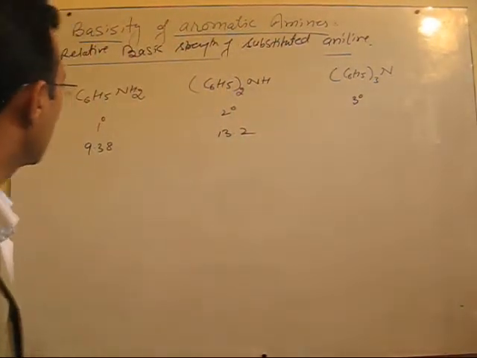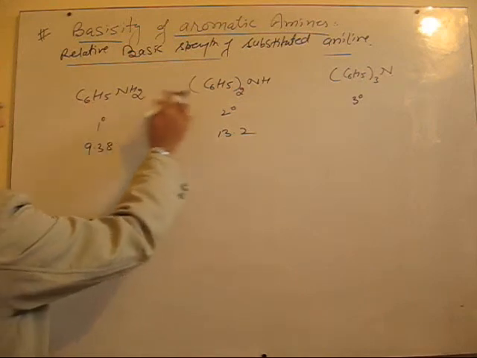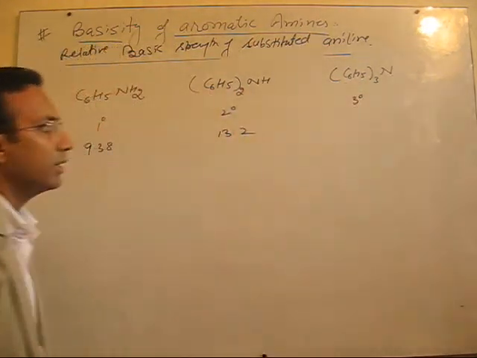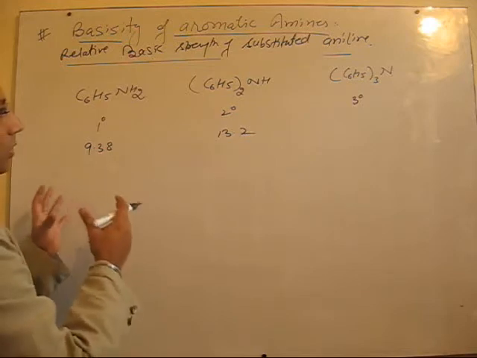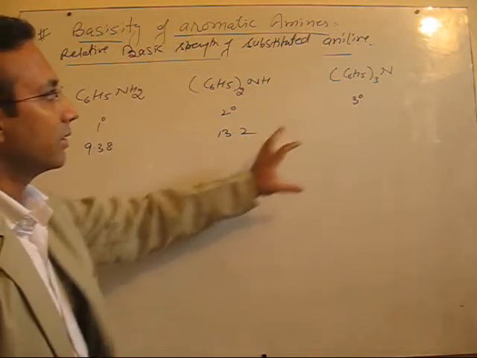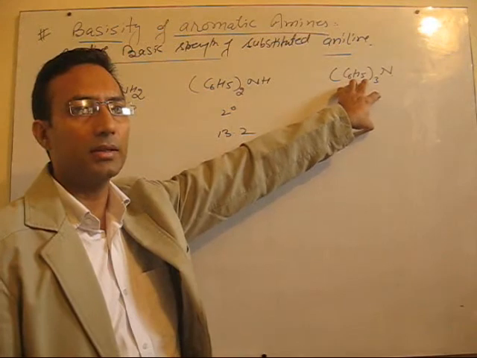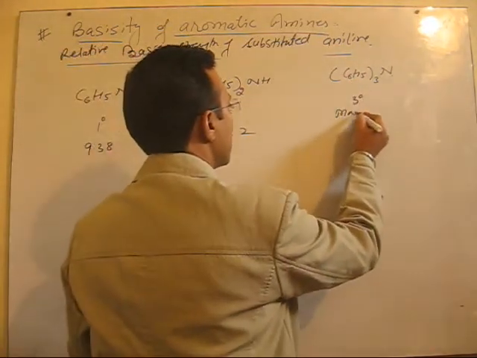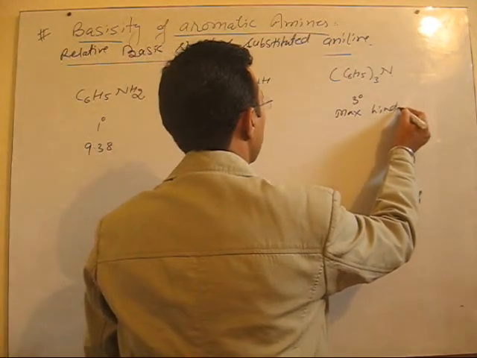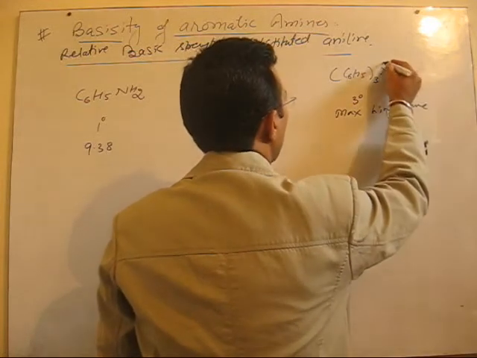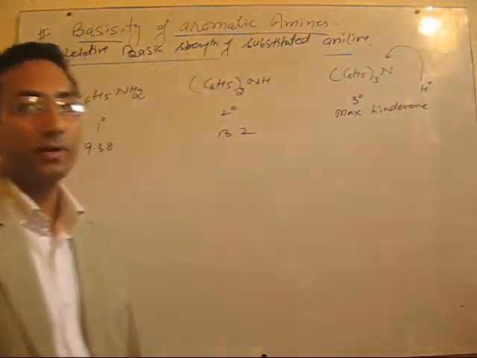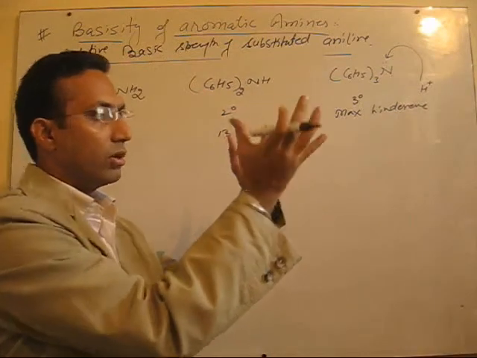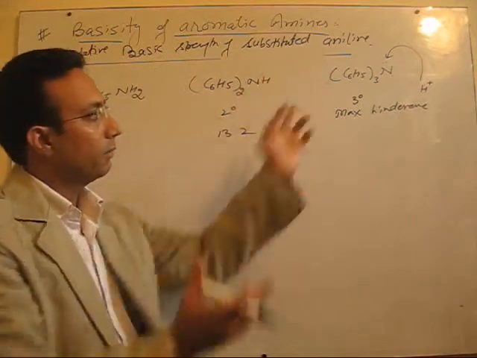So you see here, as the number of benzene rings goes on increasing, two things are there. Number one, on the basis of steric hindrance, it is maximum in this case. Here it is maximum hindrance. Therefore, the approach of H positive to nitrogen is very slow because nitrogen is surrounded by three bulky benzene rings.